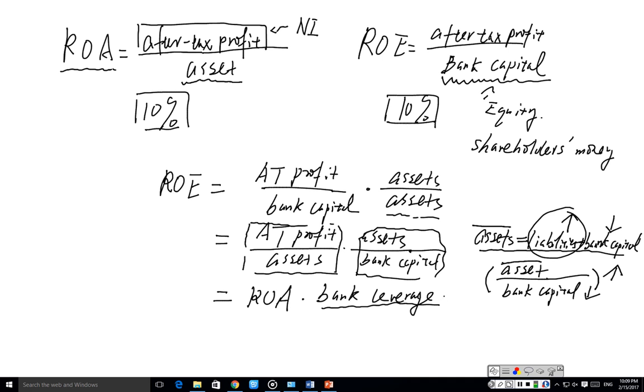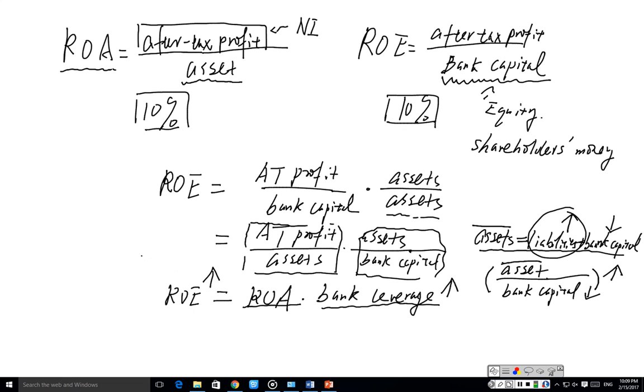If the bank relies more heavily on liability, debt, the bank leverage is going up. If bank leverage goes up with the same amount of ROA, bank return on equity can increase.